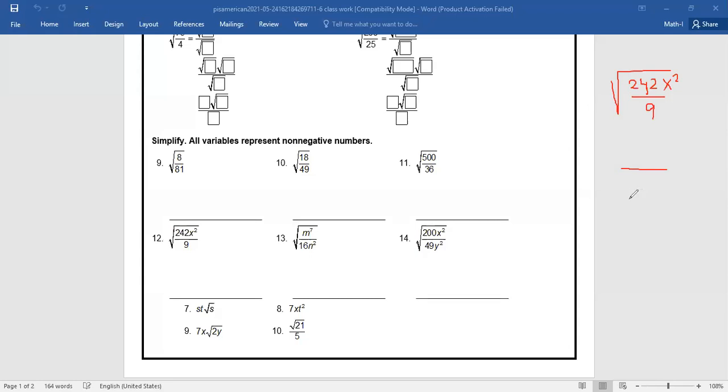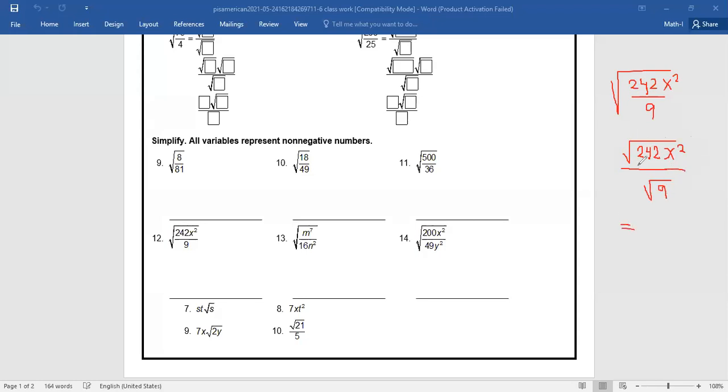Yes, Miss. What do we have to do with this question? First, we will divide: square root of 242x to the power of 2 over square root of 9. Okay?